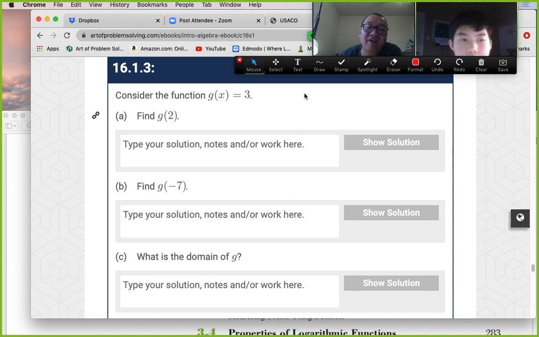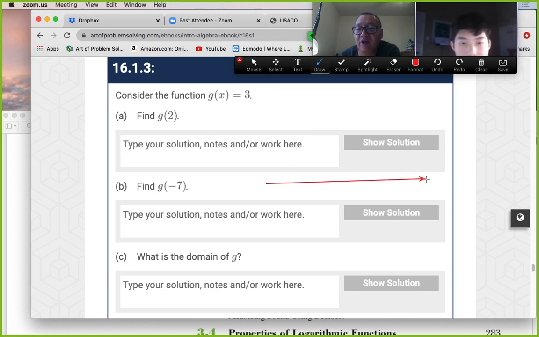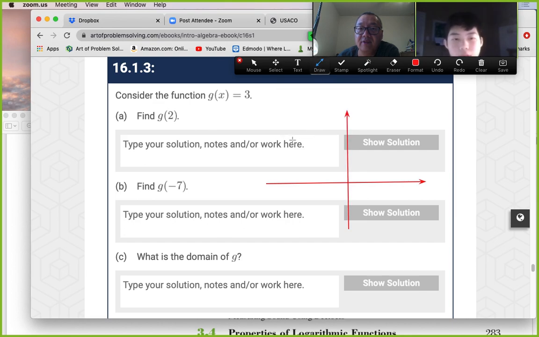Think about this: if you draw this function, what is the picture of this function? A line. What kind of line? Horizontal. Yes, that's a horizontal line passing through 3. So if you draw a Cartesian plane, g of 2 is 3. Yes, this always equals 3.